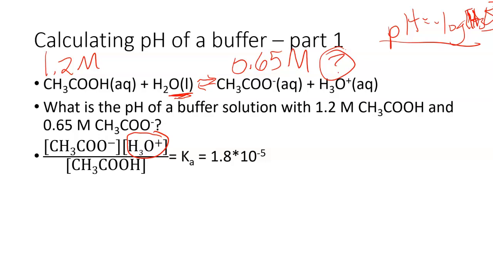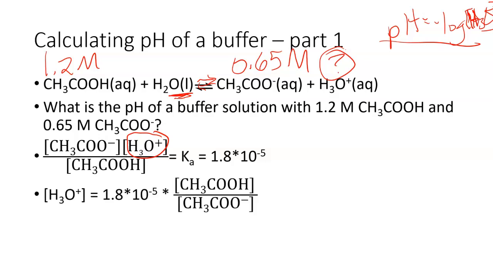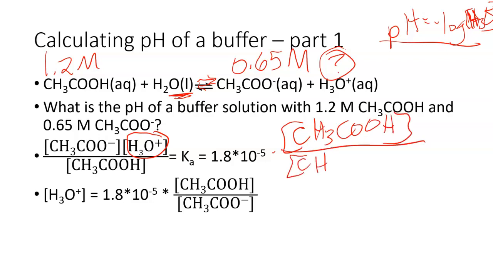So I'm going to rearrange. So I'm going to multiply my Ka here by concentration CH3COOH over concentration CH3COO minus. Because I need to cancel out on this side. So CH3COOH, I need that on the top of my fraction.